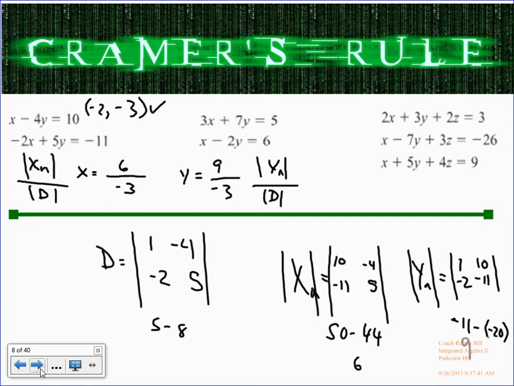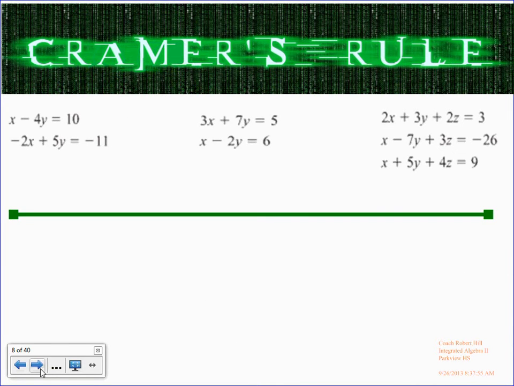Okay? And so that's why I gave you that page Tuesday and asked you to simply set the stuff up. You didn't necessarily have to solve it. Guys, you didn't necessarily have to solve it. You just had to set your 3 matrices up. So when you set your denominator matrix, my coefficient matrix, which is a better term, I think, 3, 7, 1, negative 2.